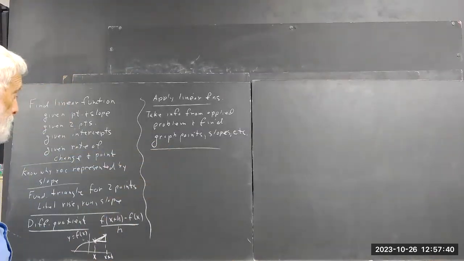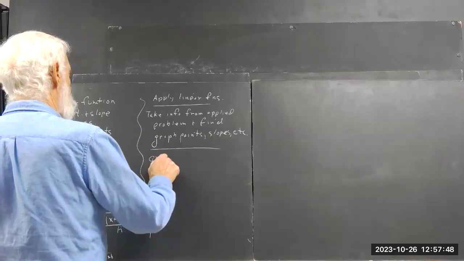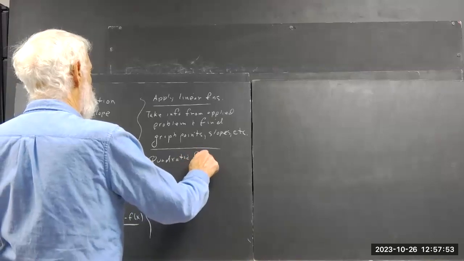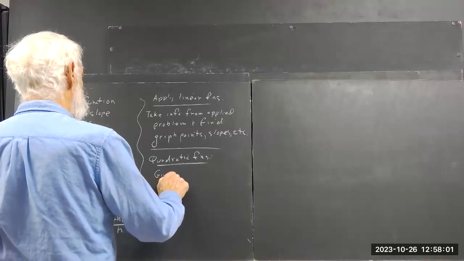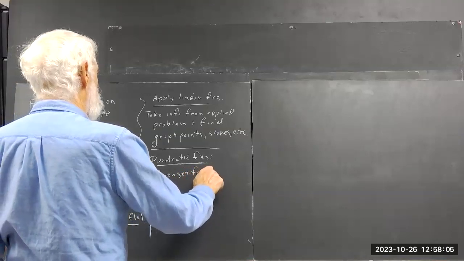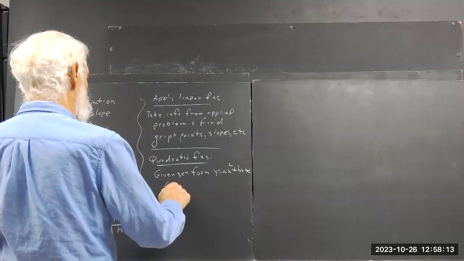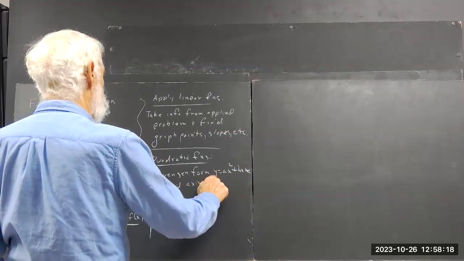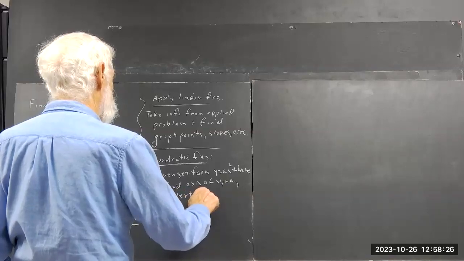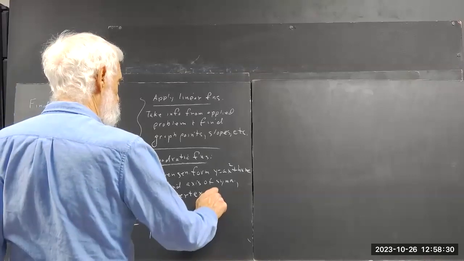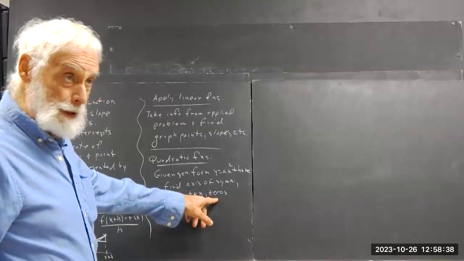Now I'm talking about more general stuff. For quadratic functions, given the general form y equals ax squared plus bx plus c, find the axis of symmetry, the vertex, and zeros, keeping in mind that you might not have any zeros.